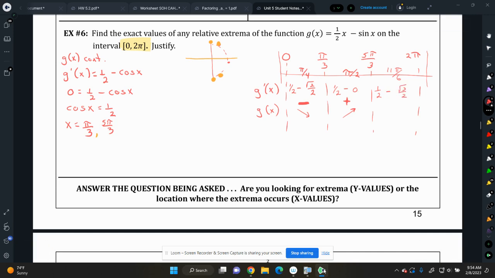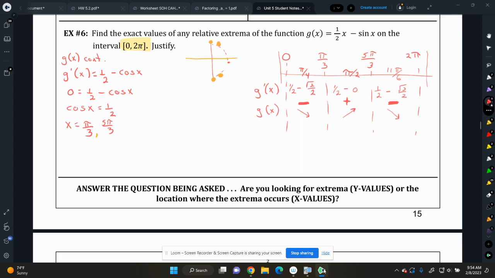Is that going to be a positive or a negative number? Negative. So this may be a non-calculator section. We have to be able to come up with that on our own, right? They both have the same denominator, so I'm just looking at the 1 minus the square root of 3. Square root of 3 is bigger than 1, because square root of 3 is bigger than the square root of 1. So that means it's going to be a negative number. So it's going down.